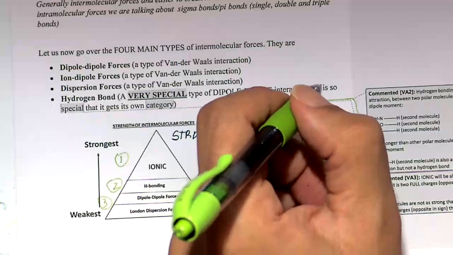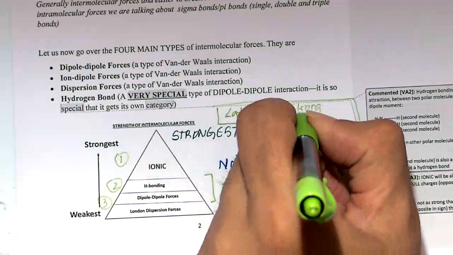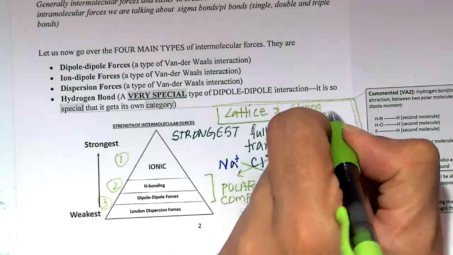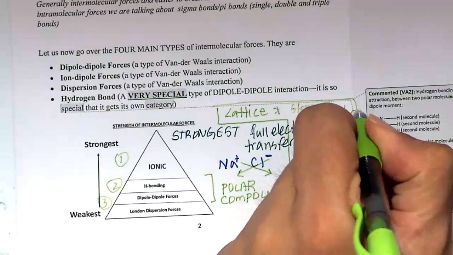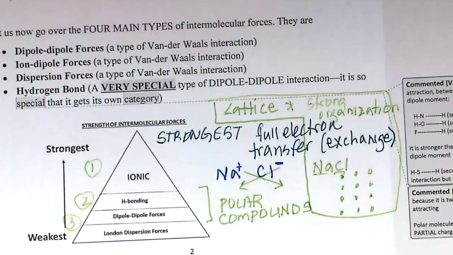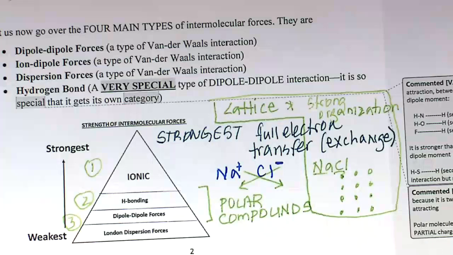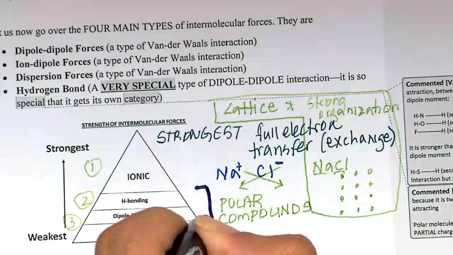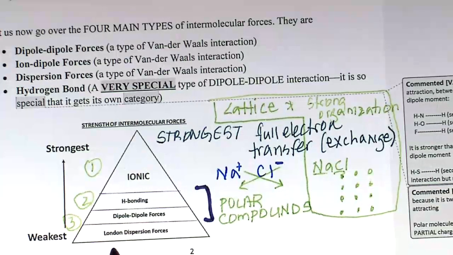Just look at sodium chloride in a crystal or in a microscope, and you'll see what I mean, or any ionic compound. Both 2 and 3 are called polar compounds. We have hydrogen bonding and then dipole-dipole, which is also polar.